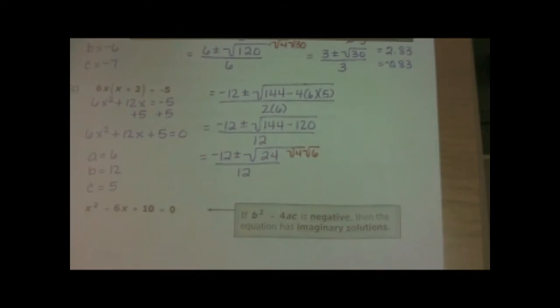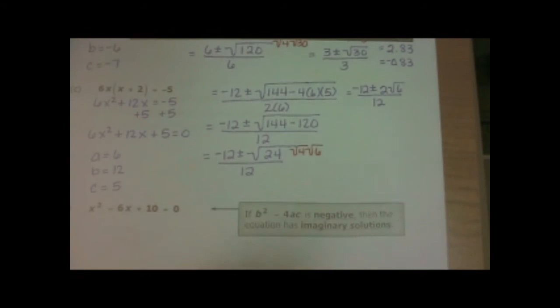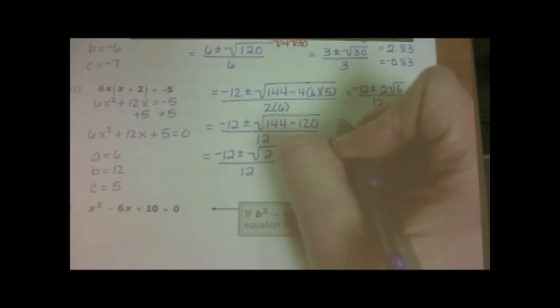So when I go to simplify, I've got negative 12 plus or minus the square root of 4 is 2 times the square root of 6 all over 12. And notice, 1, 2, 3 things all divide by 2. So factor out a GCF of 2.